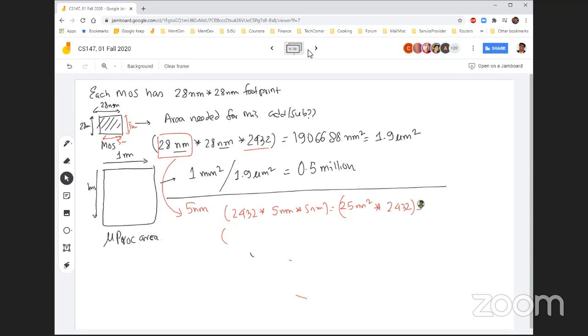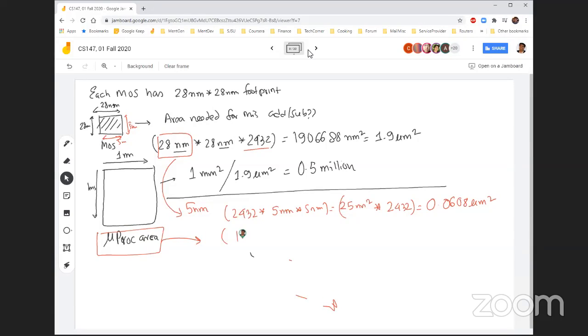I forgot that step. So if you compute that correctly, it will become about 0.0608 micrometer square.